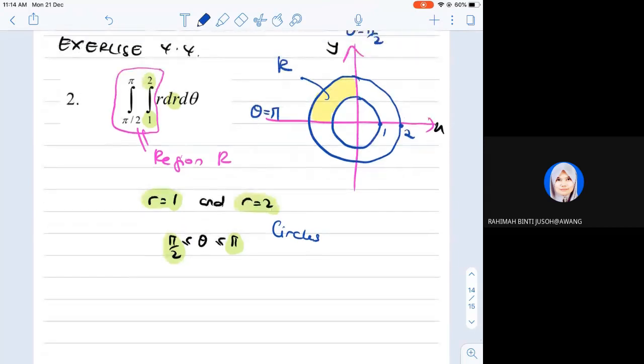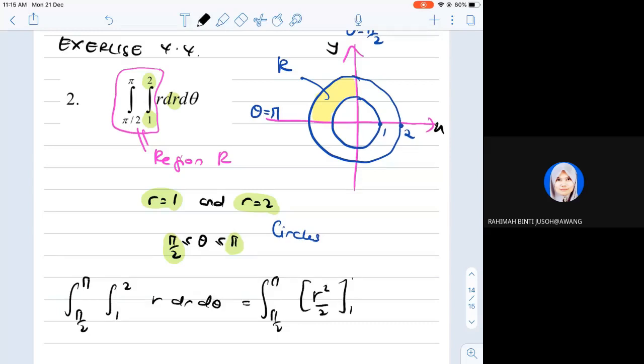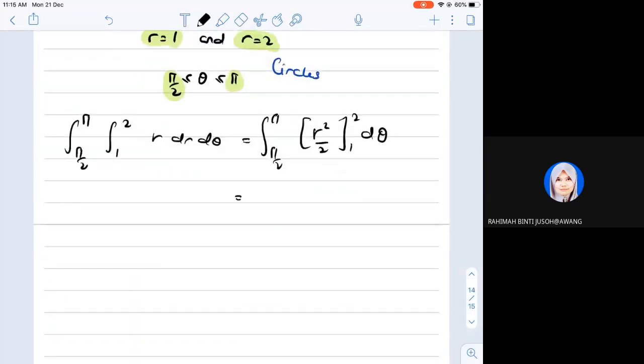Okay, so now we can proceed with the integration. Pi over 2 until pi, 1 until 2, r dr d theta. This is quite simple. So pi over 2 until pi, r squared over 2, substitute 1 and 2, d theta. So we will have from pi over 2 until pi, 2 squared is 4 over 2, so 2. Just do it like this: 4 over 2 minus 1 over 2, d theta.